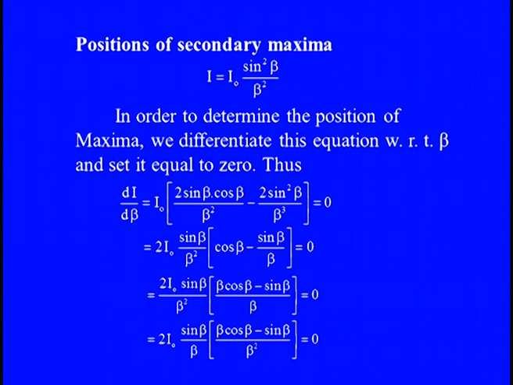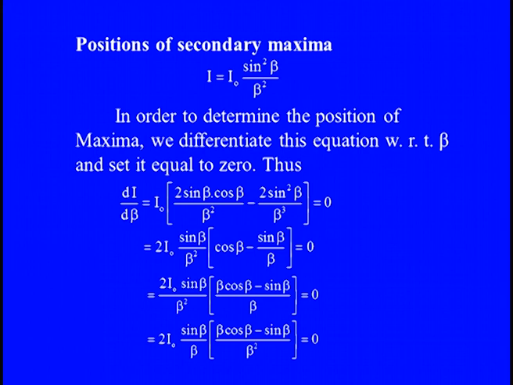Now, let us find out the position of secondary maxima. So, we have intensity I is equal to I naught sin square beta by beta square. In order to determine the position of maxima, we differentiate this equation with respect to beta and set it equal to 0.